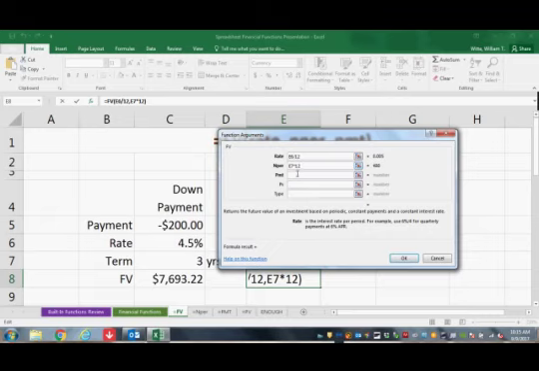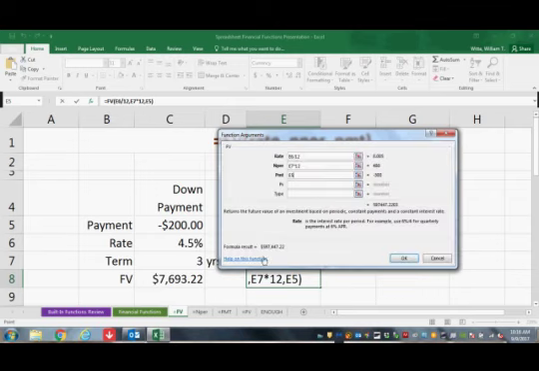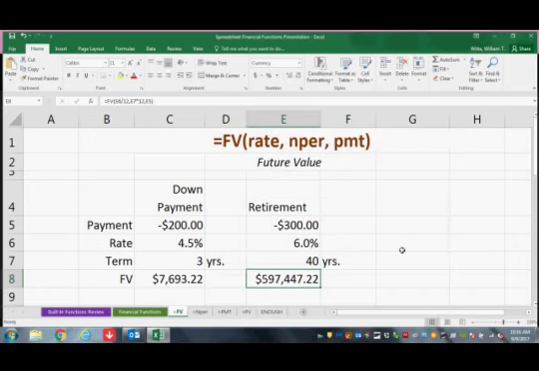And then, finally, the payment that I've decided to, hopefully I can afford every month. I've referenced it in a cell. And notice that it's negative. And I'll come back. And nicely, I see that if I make that investment, I will have $597,000, hopefully, to retire on. And I'll click OK, and that seems appropriate.